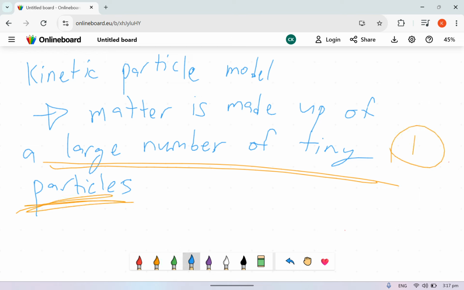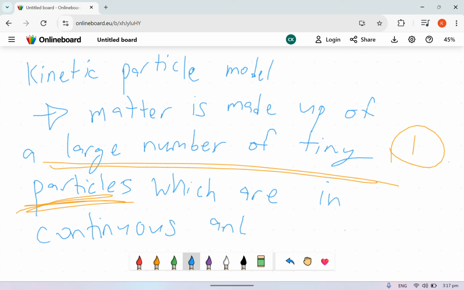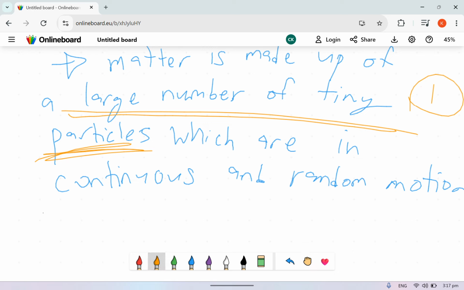Okay, point two is that these things are in continuous and random motion. So that's your point two. Continuous, point two.